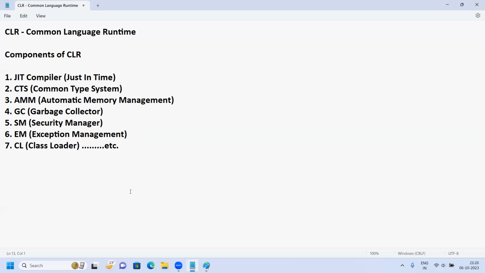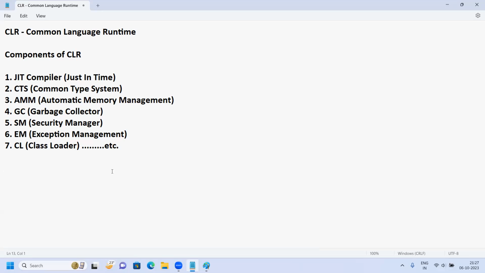So, before I explain what AMM and garbage collector are, remember one thing. As the term says, automatic memory management. It means before C#, we used to have C++ as one language and C as one language.